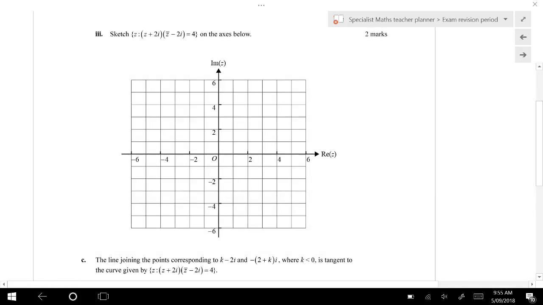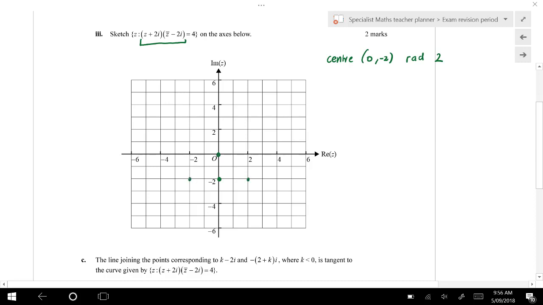Now, importantly, this relation here, we've just shown that, and the Cartesian equation is a circle. So we're going to get a circle with the center at (0, -2) with a radius of 2. Let's draw my center and let's draw the edges of the circle, if you like.